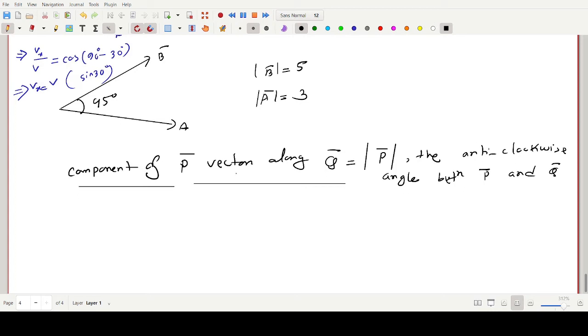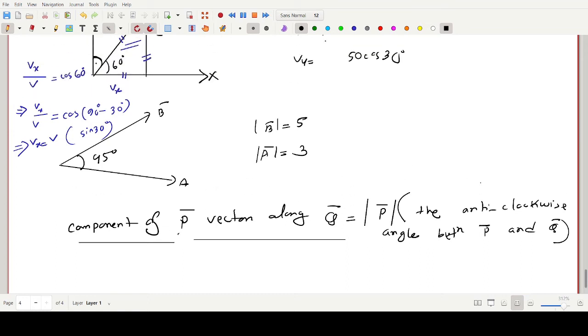These two vectors can be any vectors. The component of p vector along q equals the magnitude of p times the cosine of the anti-clockwise angle between p and q. You can use the clockwise angle too. In that case, you just need to add a minus sign before the answer.